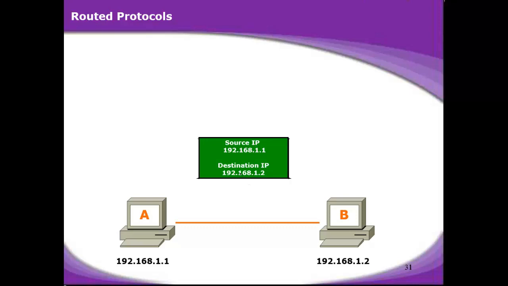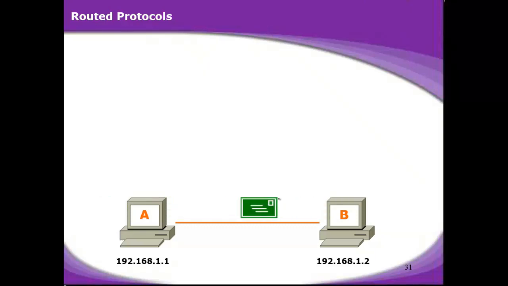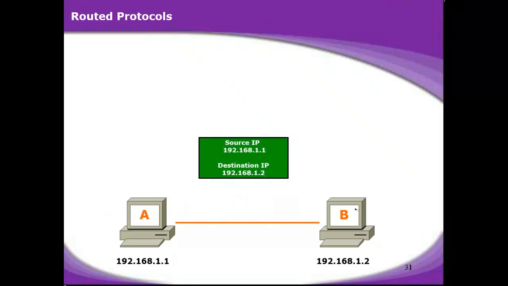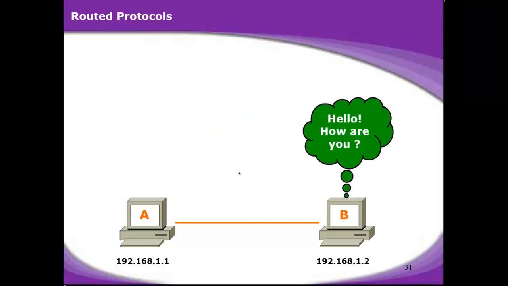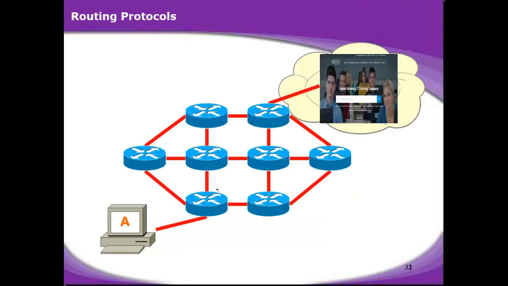This is the work of the routed protocol. Then it is sent to the destination, and on the destination side it is unpacked by the routed protocol and then given to the upper layer, that is the transport layer. Then the actual data is received by the destination.